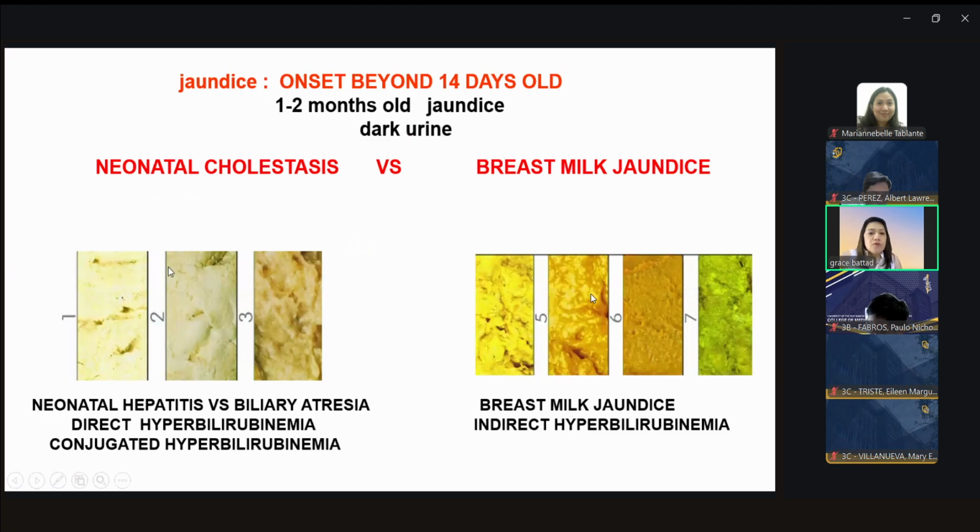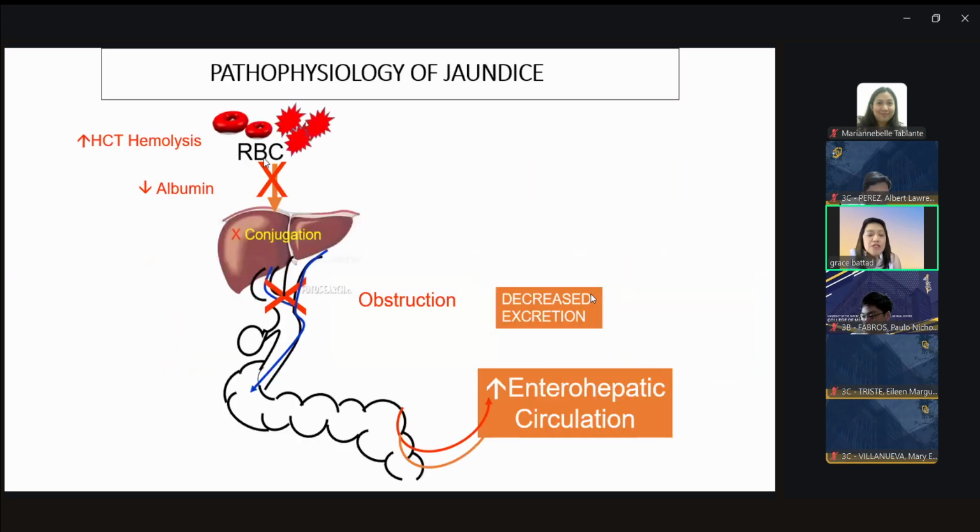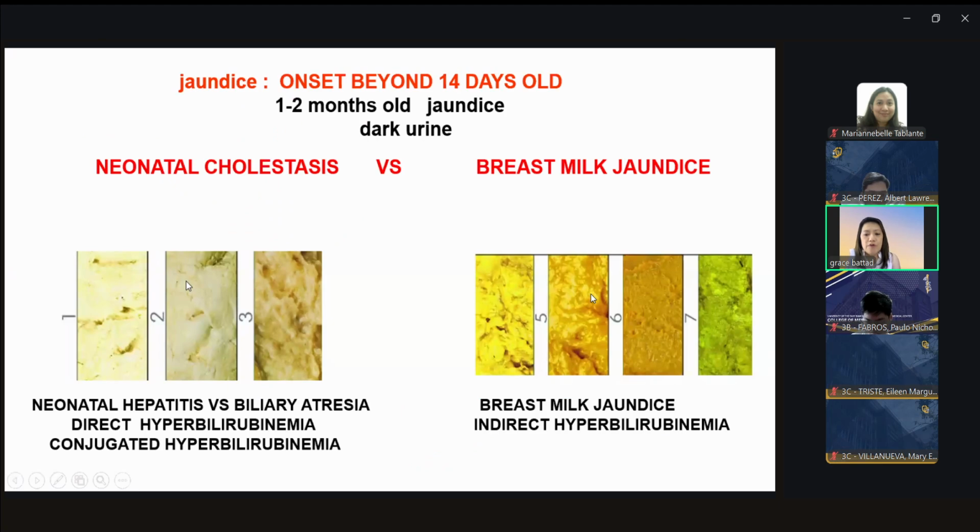Now, for these 1 to 2 month old babies with the same clinical profile, try to check whether the stools are white or not, because once the bilirubin 2 is in the lumen of your colon, it produces the pigmentation of the stools, and you must have yellow stools like this.